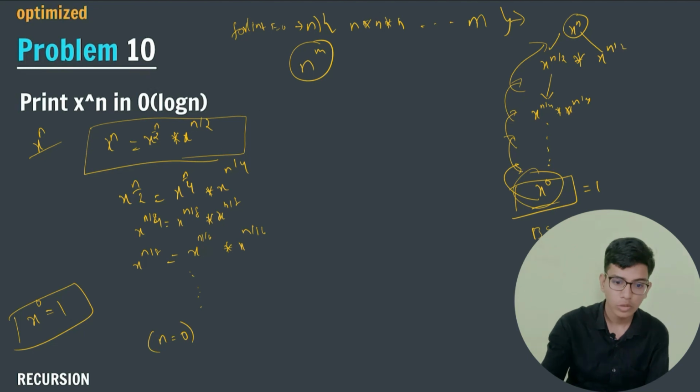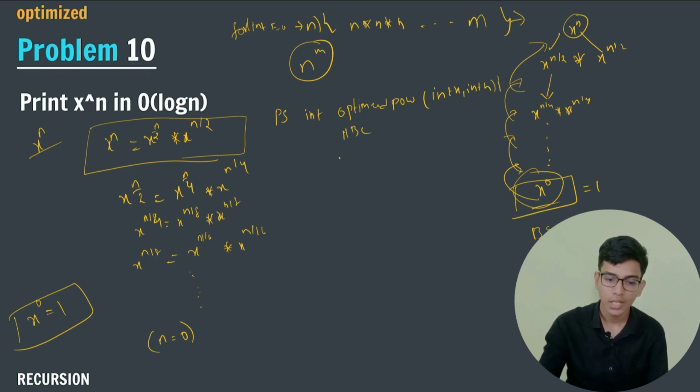So first of all, I am going to write my pseudocode, that is public static int optimizedPower. In this I am passing the x value and the int n value, right? So what is my base case? That is, if my n is equal to 0, then return 1. Okay, this is my base case.